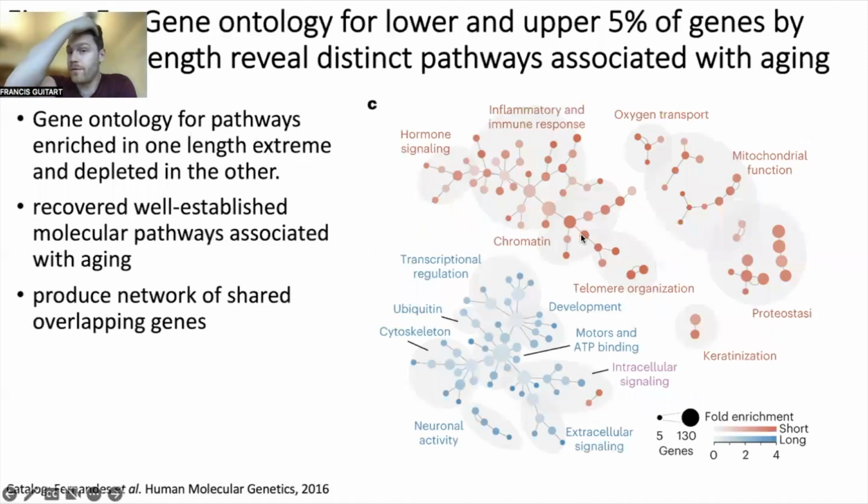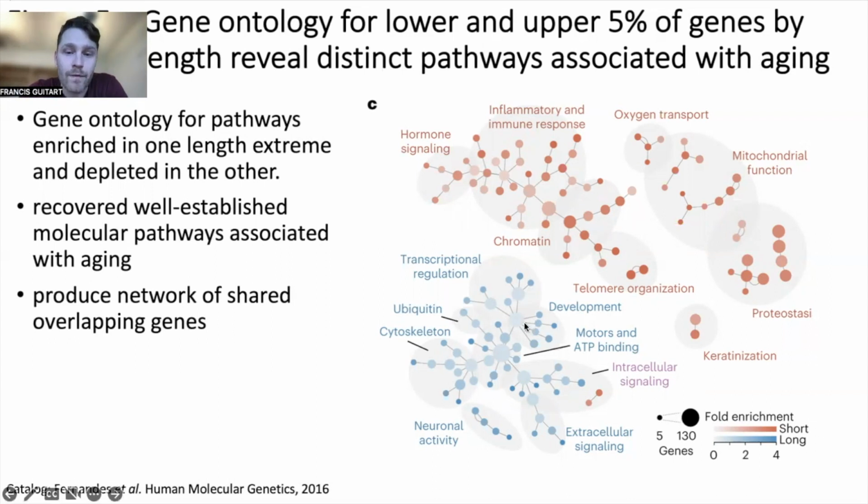Next, they took these two extremes and did a gene ontology analysis looking for pathways that are enriched in one particular length extreme and depleted in the other. So here we have the networks that were generated by the gene ontology analysis, where the red nodes represent certain biological pathways that are enriched in the short extreme and depleted in the long extreme.